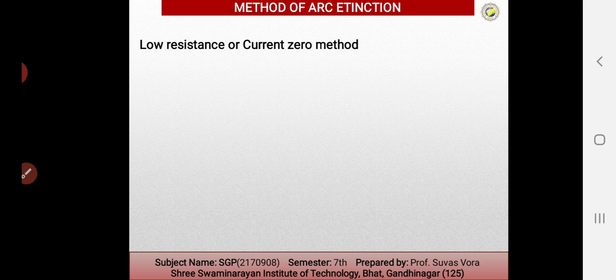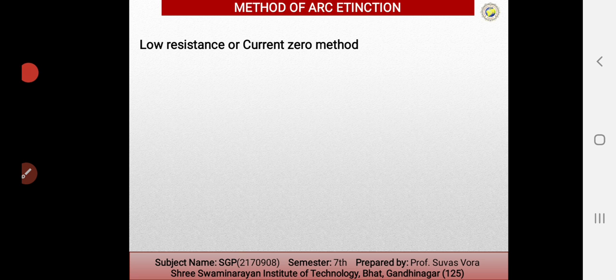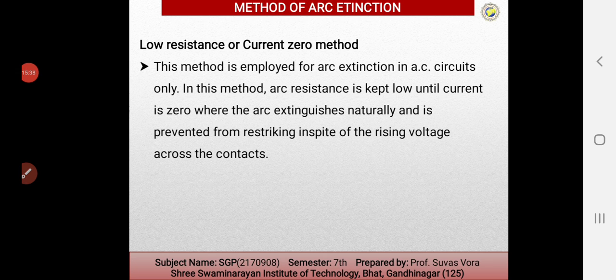Okay, now the next topic is the low resistance, or current zero method. This method is employed for arc extinction in AC circuits only. In this method, the arc resistance is kept low until the current is zero, with the arc existing at the voltage across the contact.